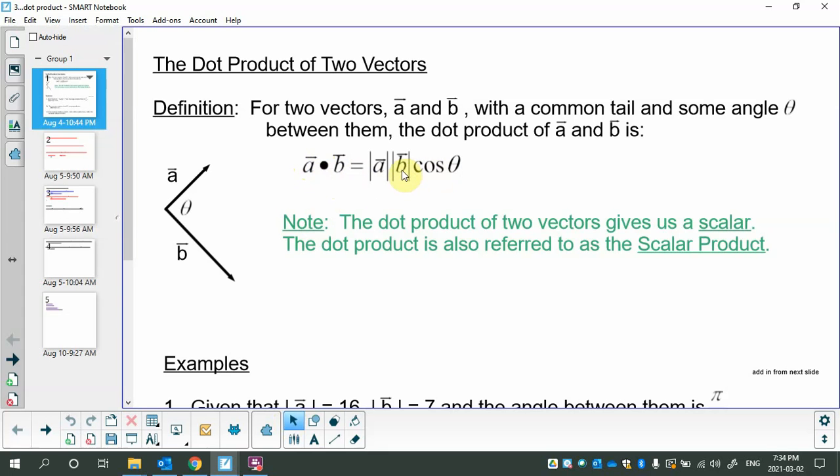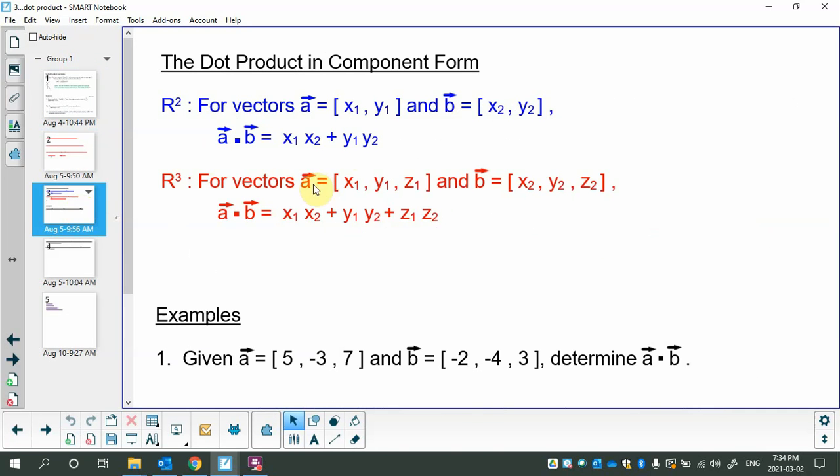And here is the formula. The other formula, in case you aren't given an angle and magnitudes, just a reminder, is the x's multiplied together, the y's multiplied together, and the z's multiplied together if you're in 3 space, and then adding those up. So both of those are dot product calculations.